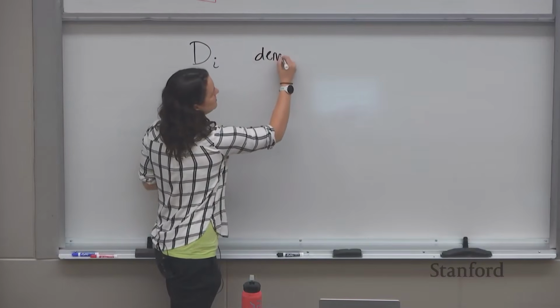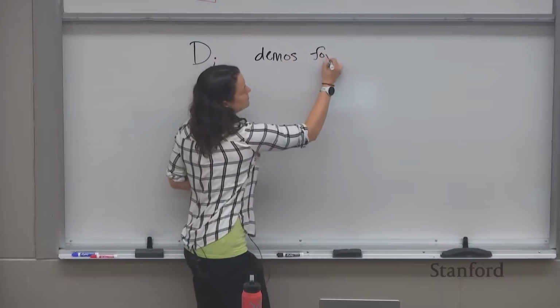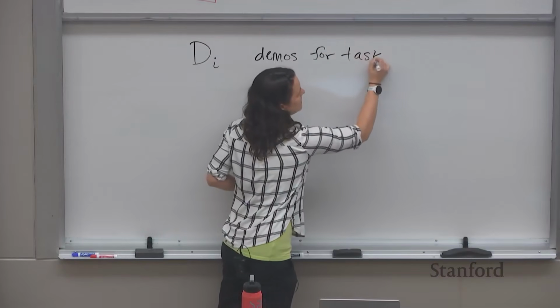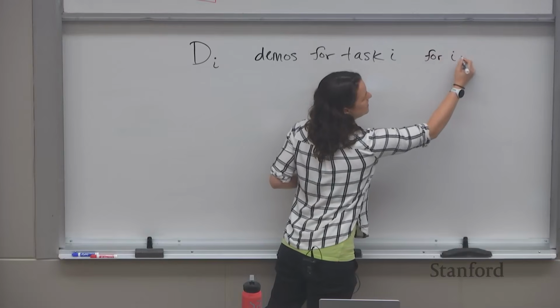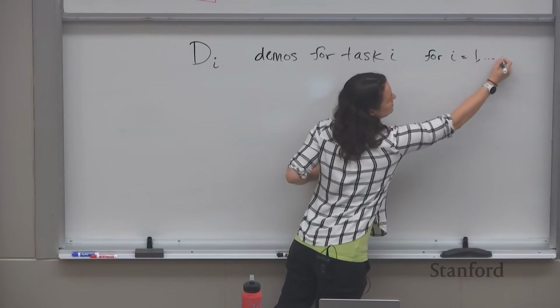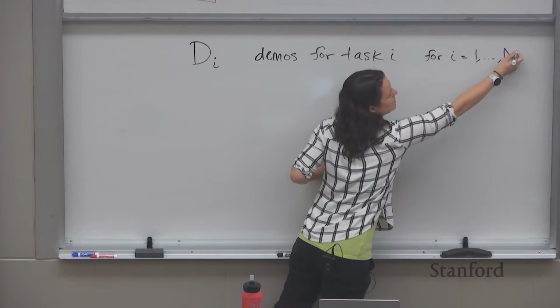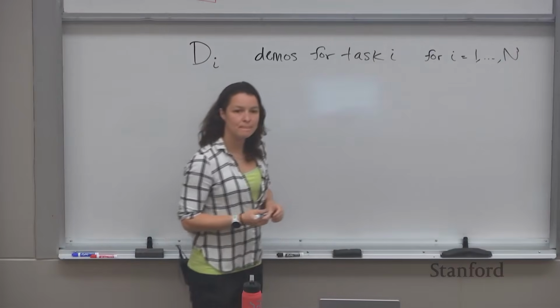So these are demos for task i, and this is for i equals 1 to n if you have n different tasks.